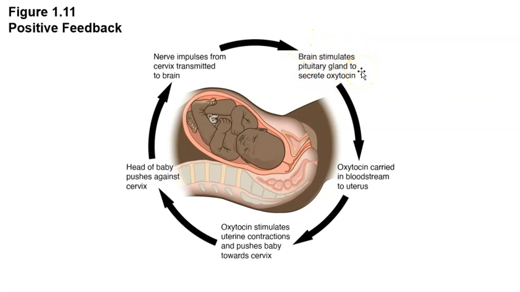The brain will receive that information and communicate with the pituitary gland to secrete a hormone called oxytocin. Oxytocin is released from the pituitary gland into the bloodstream. That oxytocin will be carried to the uterus, where it will then stimulate the contractions of the uterus, which is going to amplify the pushing of the baby's head into the cervix.